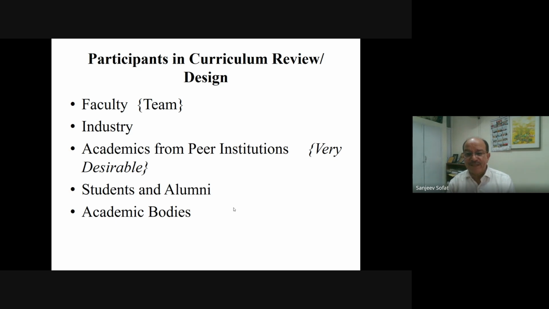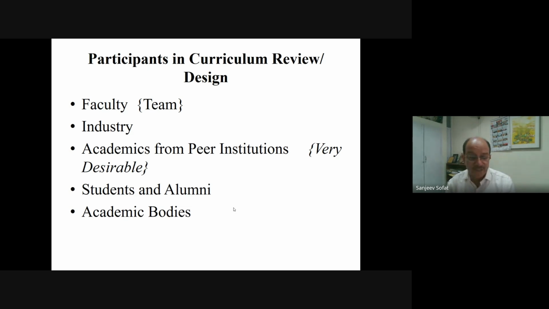Then academics from peer institutions. Can I think about some peer institutions who can help me in designing the curriculum? Because I can't think in isolation if the curriculum is to be made. Yes, this is a team which can develop this sort of curriculum for me. Then your students and alumni.